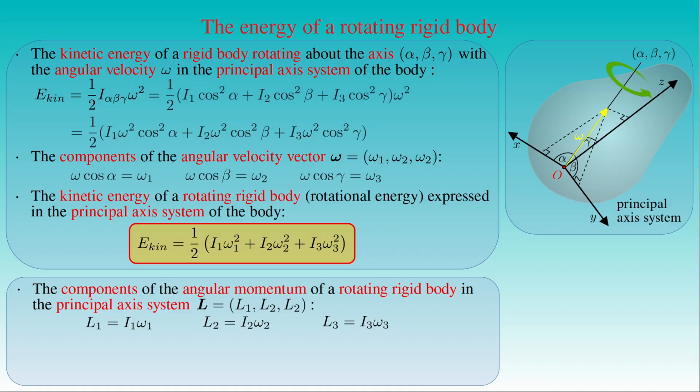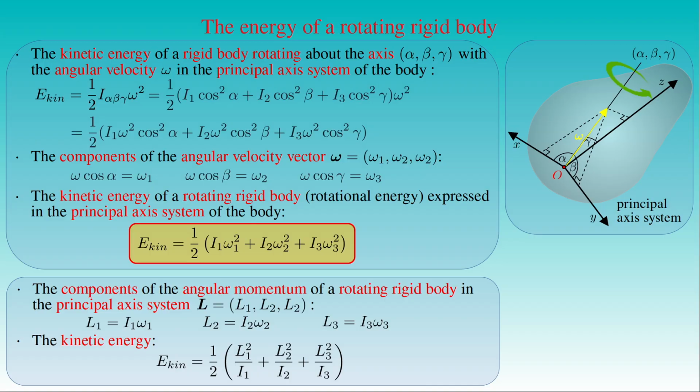By expressing the components of the angular velocity from these equations and inserting the result into the equation obtained above, we can write the kinetic energy as 1 over 2 times the sum of the square of the first component of the angular momentum L over the first principal moment of inertia I1, the square of the second component of the angular momentum L over the second principal moment of inertia I2, and the square of the third component of the angular momentum L over the third principal moment of inertia I3. This form of the kinetic energy of a rotating body is also expressed in the principal axis system with respect to a given point O.